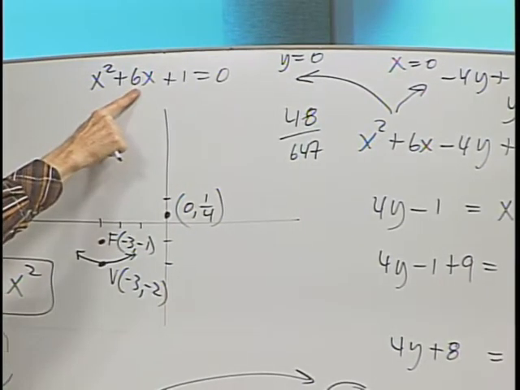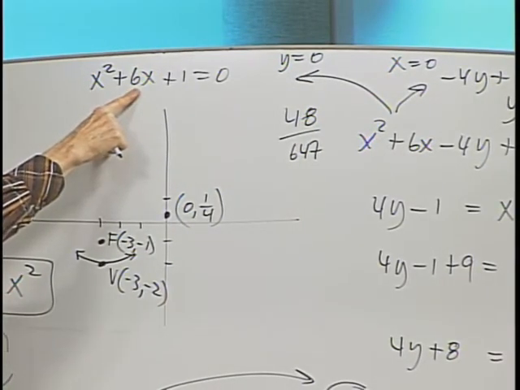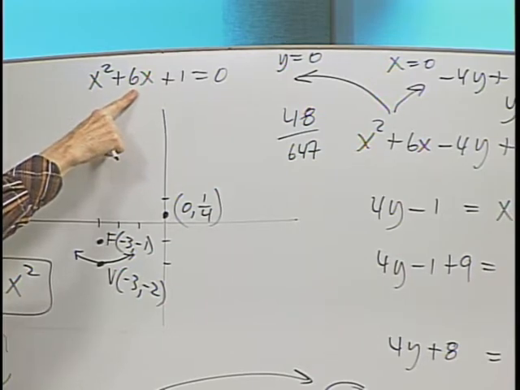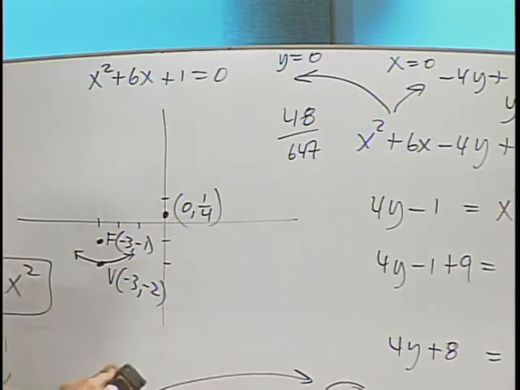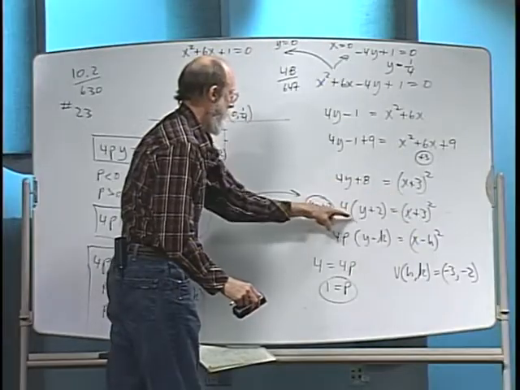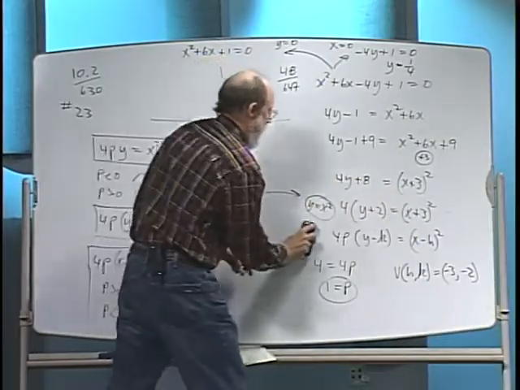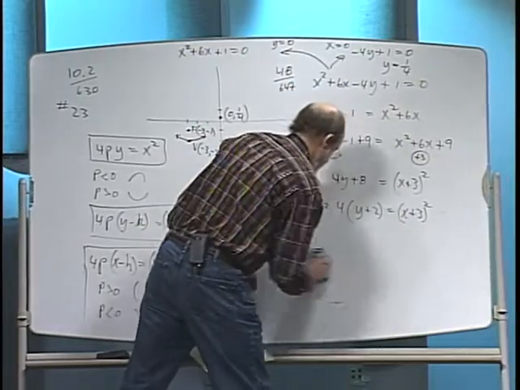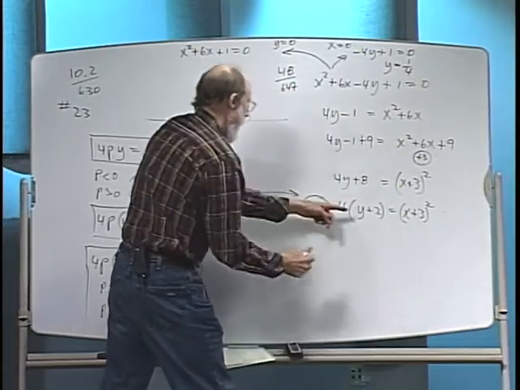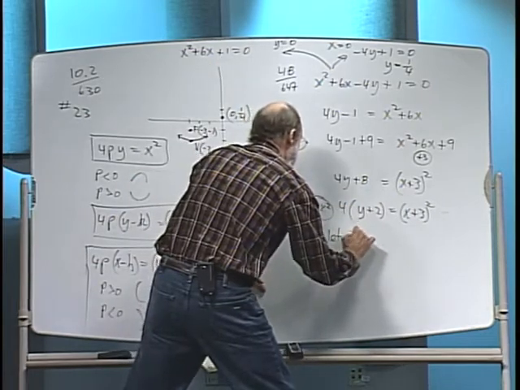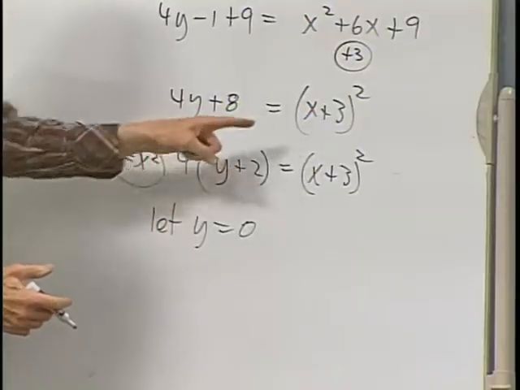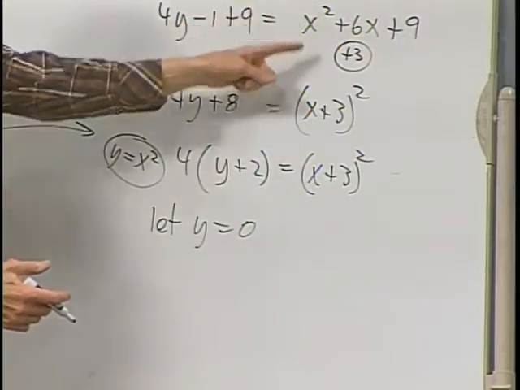That either takes completing the square to solve it or using the quadratic formula. Well, let's look down here. We already took the time to complete the square. Why not come down here and let y equal 0? If you let y equal 0, most of your work is already done because you already completed the square.